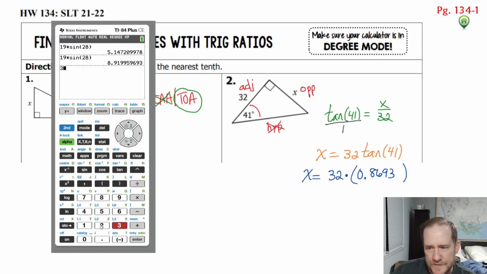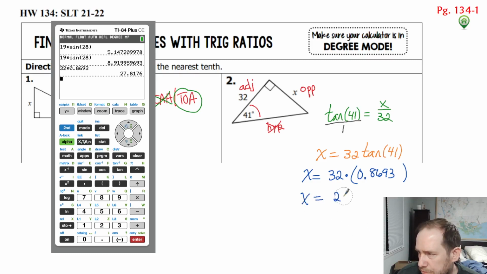So I can type in the 32 multiplied by 0.8693, and if I multiply by 8693, I get a final answer of 27.8176. So x equals 27.8176.